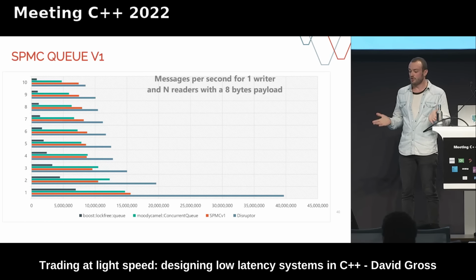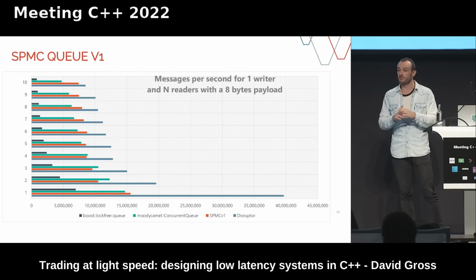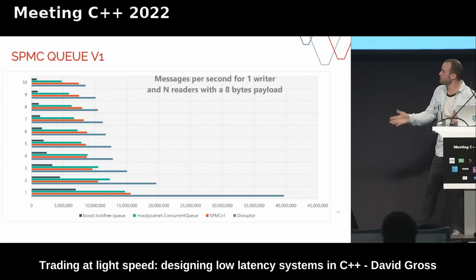And then two other comparisons, which I must say are not fair comparisons: Boost lockfree queue and the Moody Camel one. Why? Although they are SPMC queues, they are doing unicast and not multicast. Each of the consumers is going to pick one of the elements. It's like a load balancer, like a queue that we use now. So I put them here, but I must say it's not fair to compare these numbers directly.